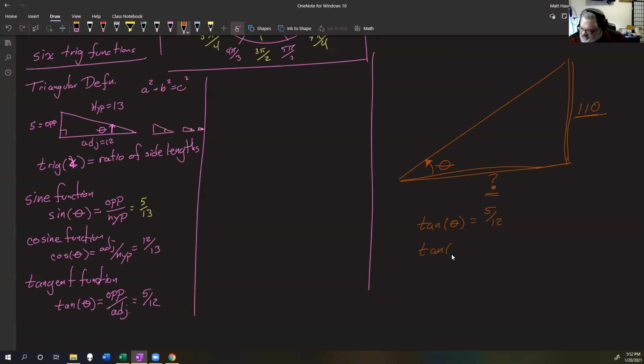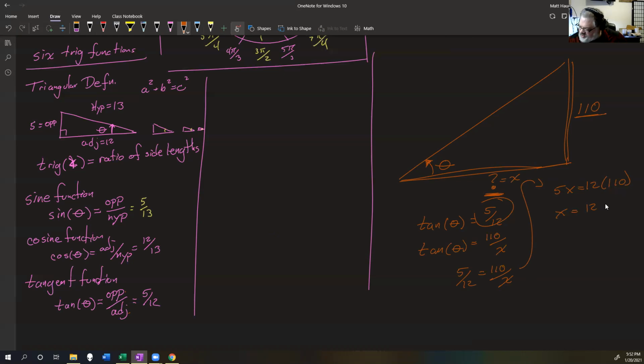But the tangent also has to be the ratio between 110 and this mystery side here. Let's call it x for the sake of argument. Well, if the tangent is supposed to be both 5/12 and 110 over x, then 5/12 has to equal 110 over x, and we could solve that for x. 5x equals whatever 12 times 110 is.